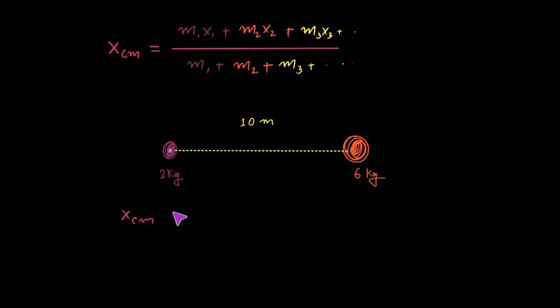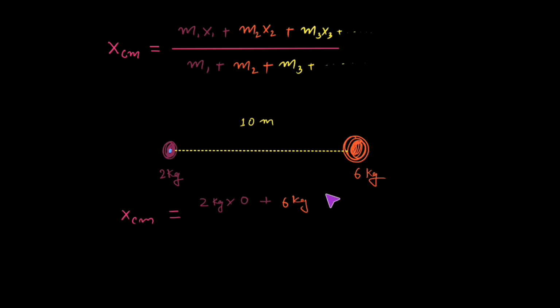So xcm would be equal to mass m1 into x1. So m1 is 2 kg into x1, which is 0, plus m2, which is 6 kg, into x2, the distance from the point I assumed to mass m2.